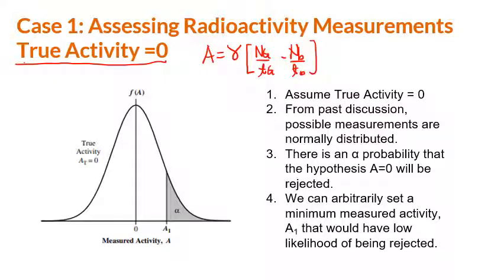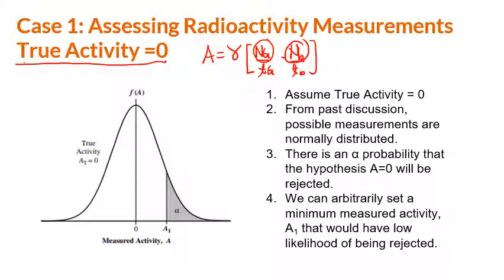However, there are some uncertainties from your gross count and from your background count. So these uncertainties lead to an additive type of measurement when it comes to your variance.